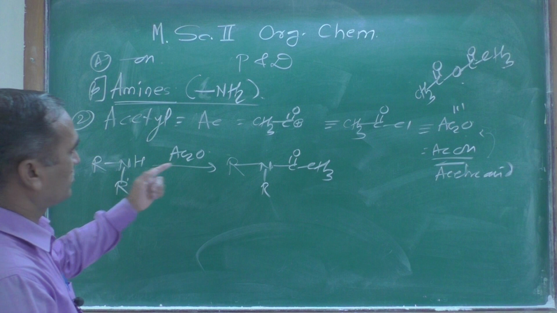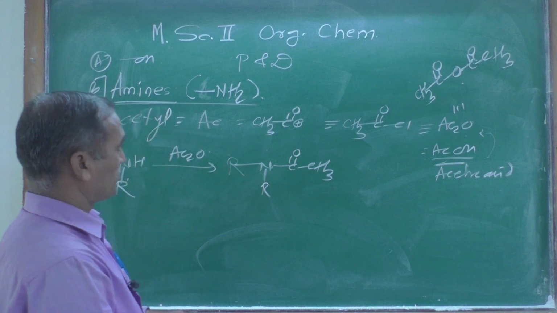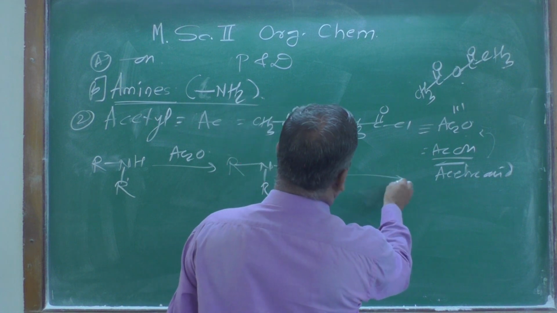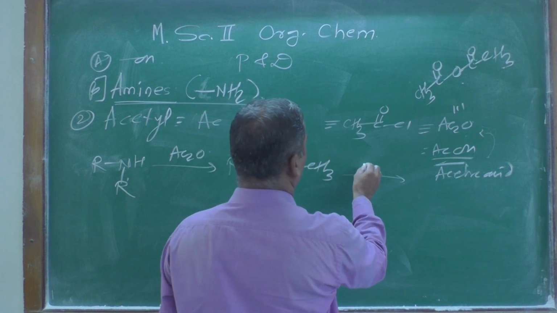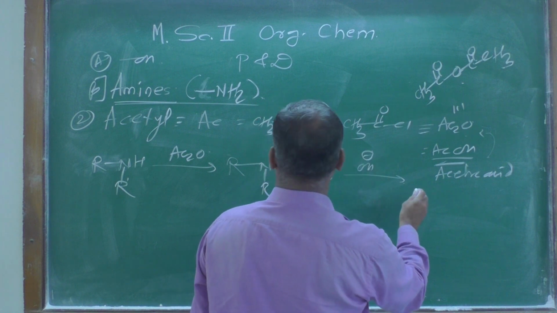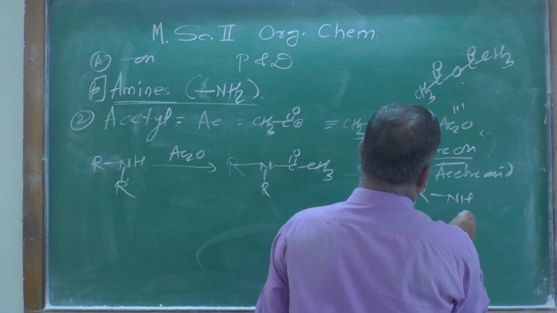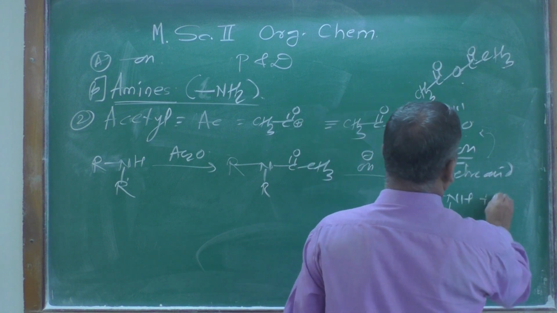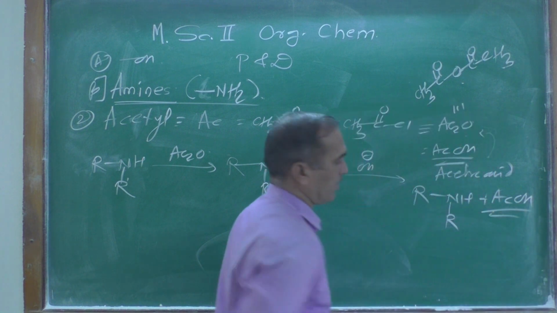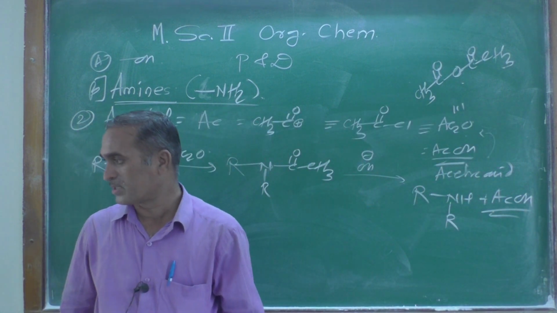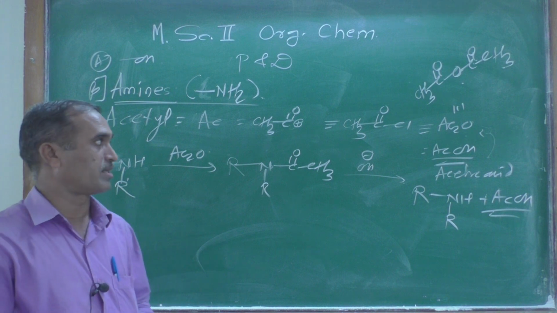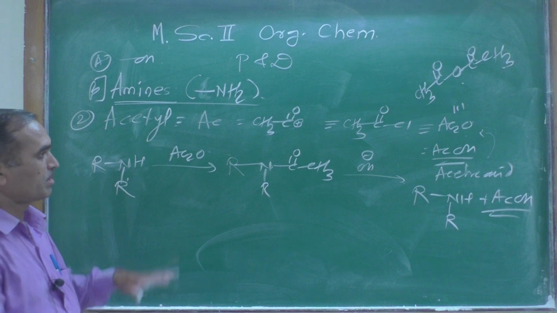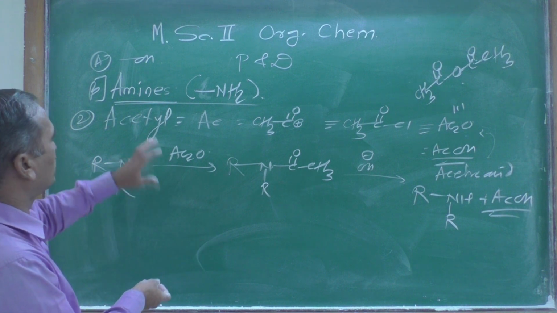NH, R dash, R C double bond O CH3, and next it can be removed under basic condition, OH minus. You will get R NH, then R, plus a side product, maybe AcOH, acetic acid. So this is the simplest reaction, protection and deprotection.